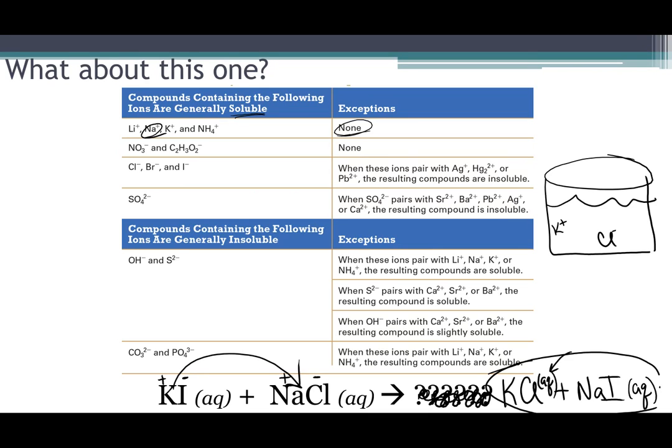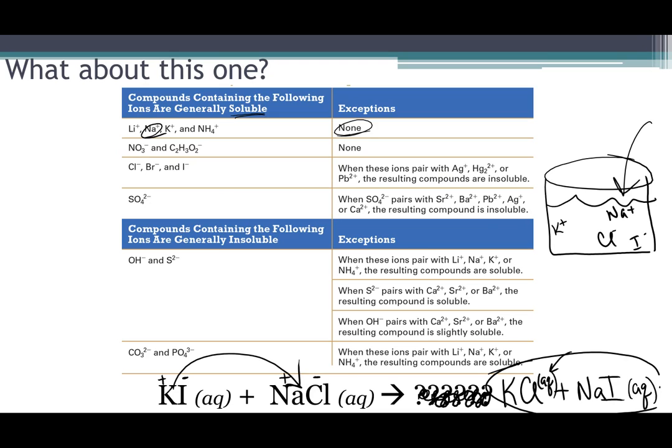Aqueous, soluble. And sodium and iodine would be ions floating around. So looking at this beaker, is anybody really interacting with anybody? No. They're all kind of floating around on their own.